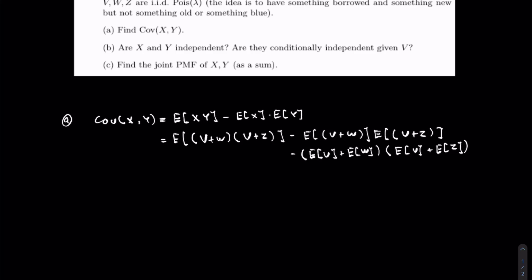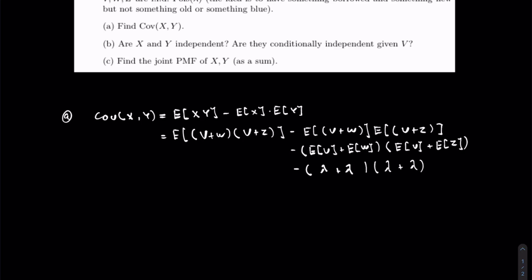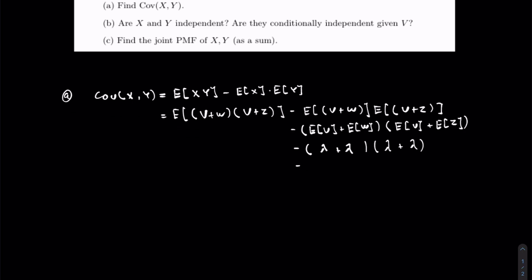So here this is lambda, that's lambda, that's lambda here, and then there's another lambda. These are two lambdas, so we'll have minus 4 lambda squared.